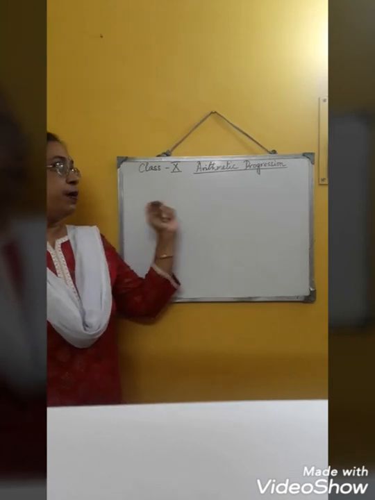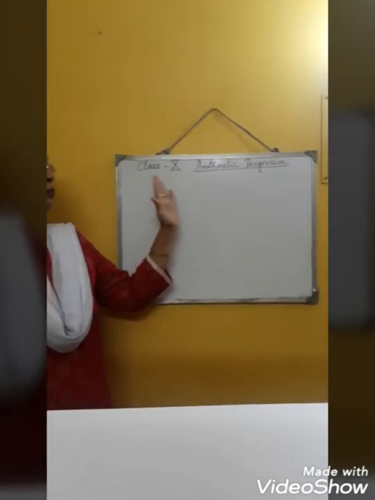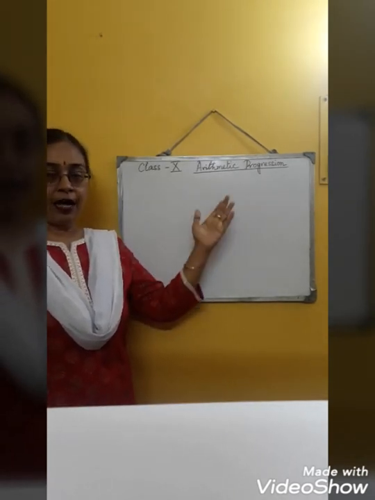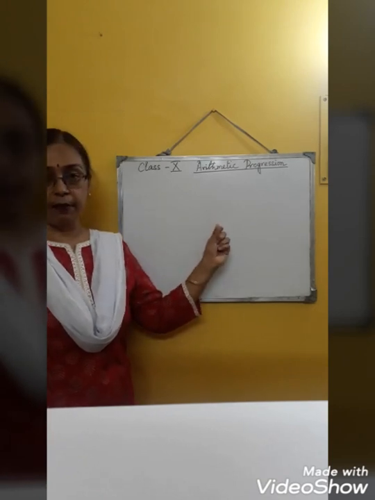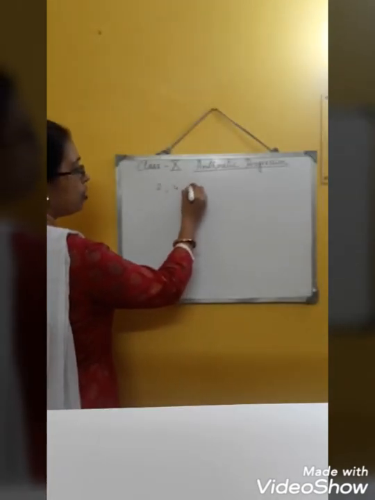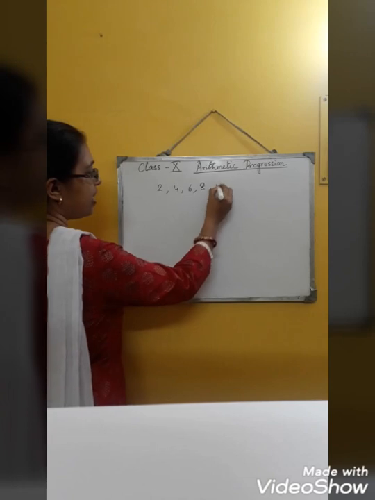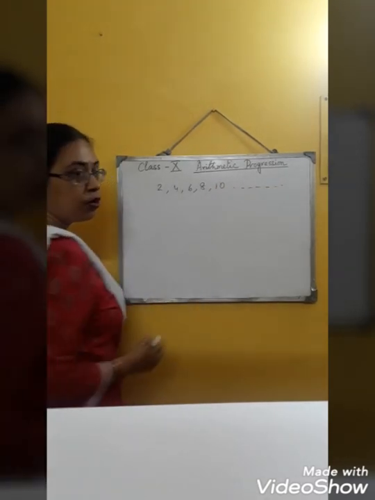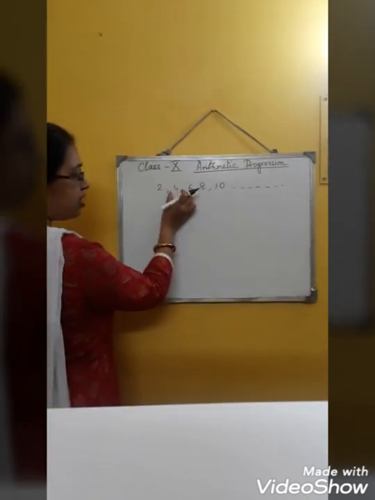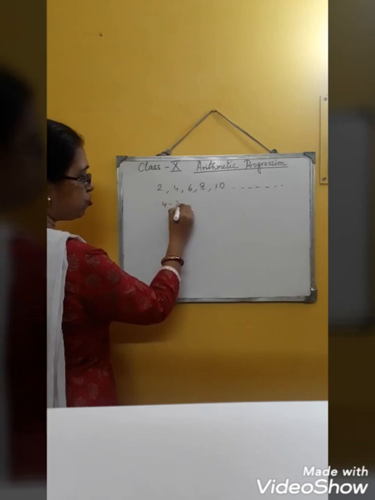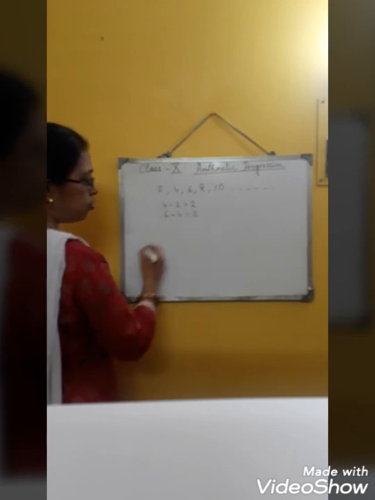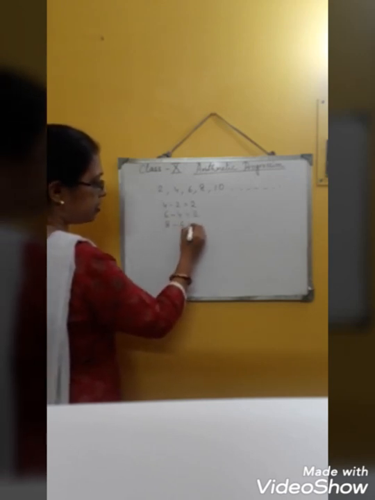Now the basic thing of arithmetic progression is that a series of numbers will be given and there will be equal gapping between them. For example, if I write numbers like 2, 4, 6, 8, 10 and so on, you can see the gapping. 4 minus 2, that is 2. 6 minus 4, that is 2. 8 minus 6, that is 2.